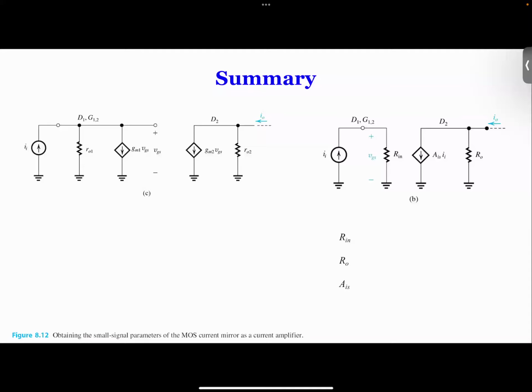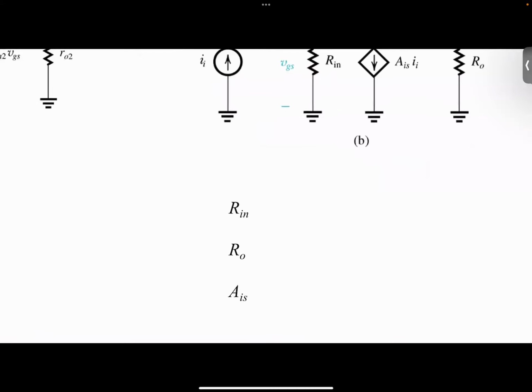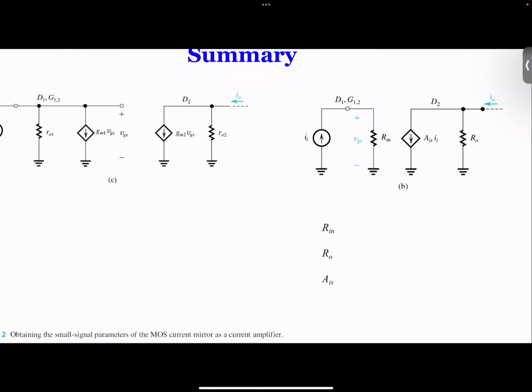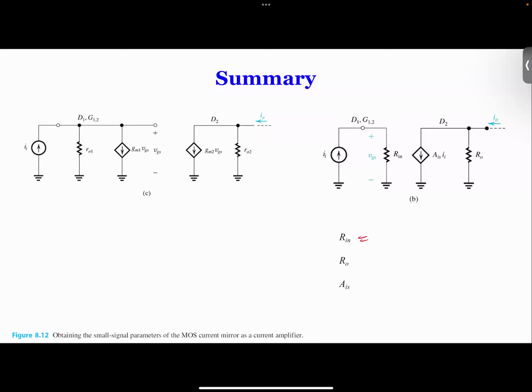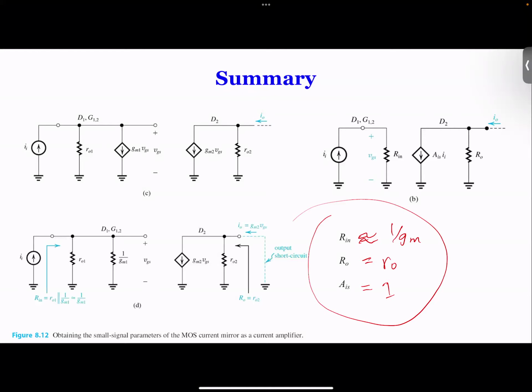So I can probably write down this one for you, but we probably don't have to. So this eventually is 1 over GM. So RO is equal to RO, and A1 is equal to 1. So this is an approximate value of this one. You can go back to find the exact expression for this. Right.